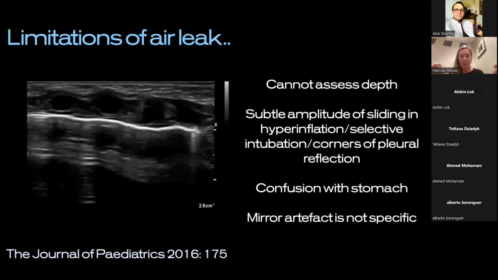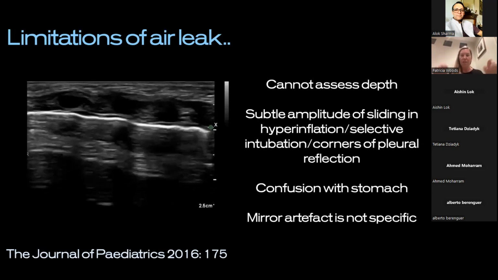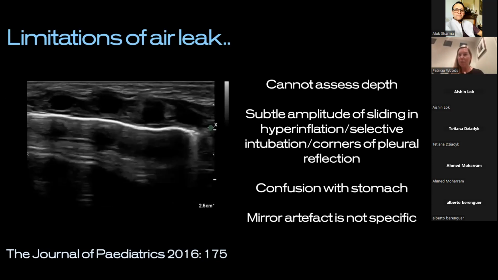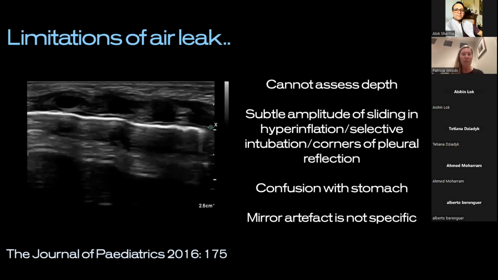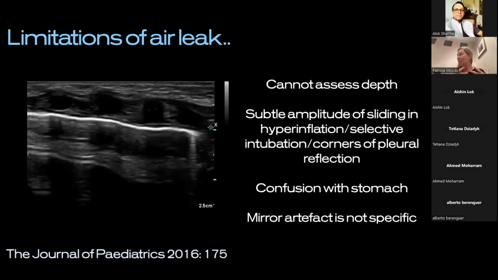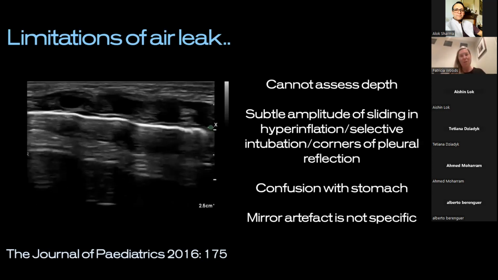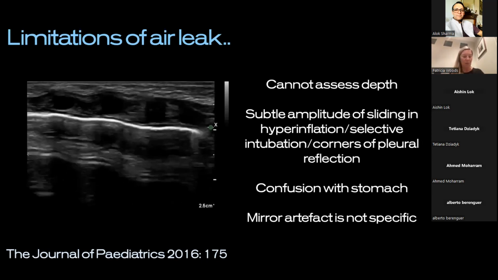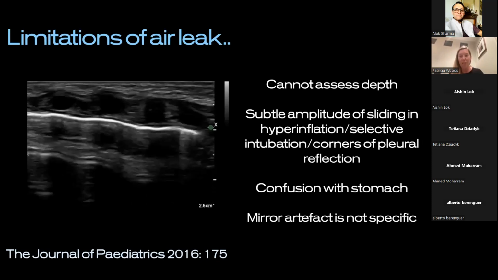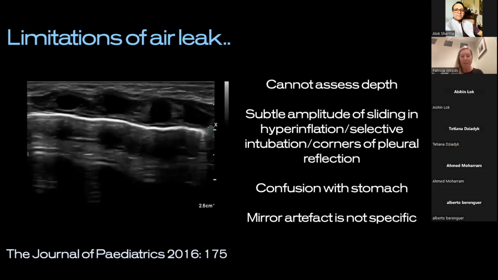So tiny corners don't move as much as other more central areas. People can also get really confused with the stomach, and that's understandable in our patients when you've got respiratory embarrassment and the diaphragm lifted up. Your stomach and gas-filled bowel can easily come into play, and you can totally get confused here, and I'll show you.